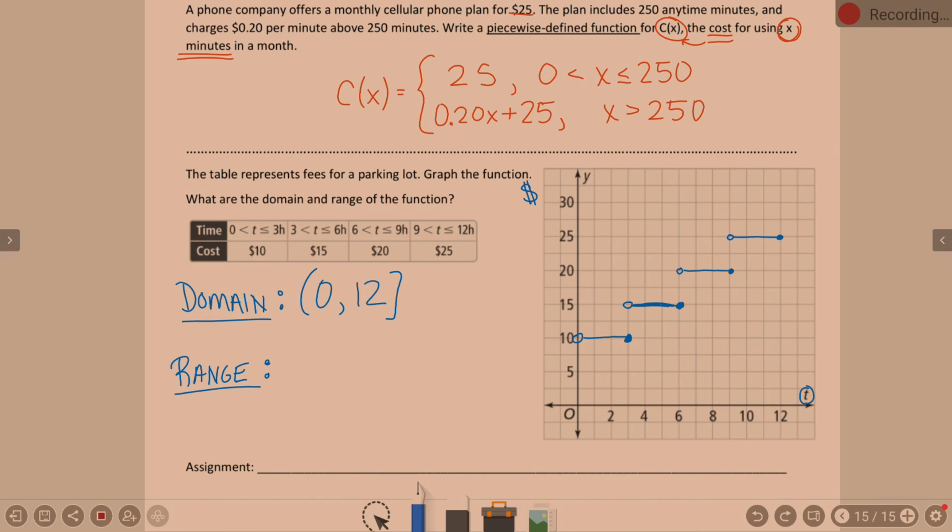All the y's for the next piece are at 15, 20, and 25. So this is one of those, like yesterday, where you list them just with commas. It's 10, it's 15, it's 20, and it's 25. You can either just list them with commas like that, or instead of using parentheses or brackets, it's the squiggly marks. Okay, the braces.